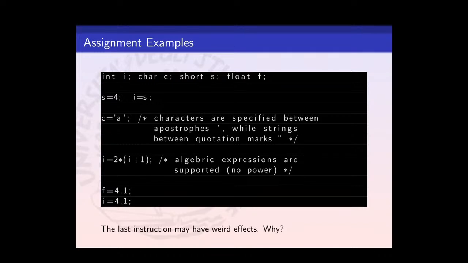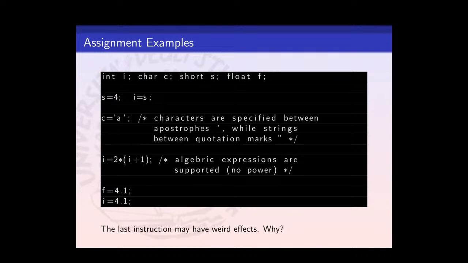So basically you are saying, I'm taking what was contained in the variable I just before the execution of this assignment, evaluating the algebraic expression, and then the result of that expression will be stored into I.